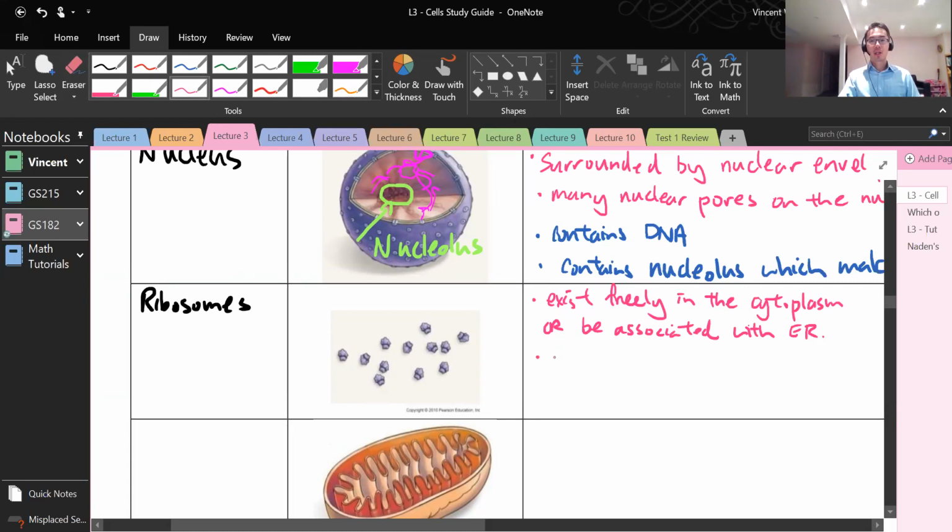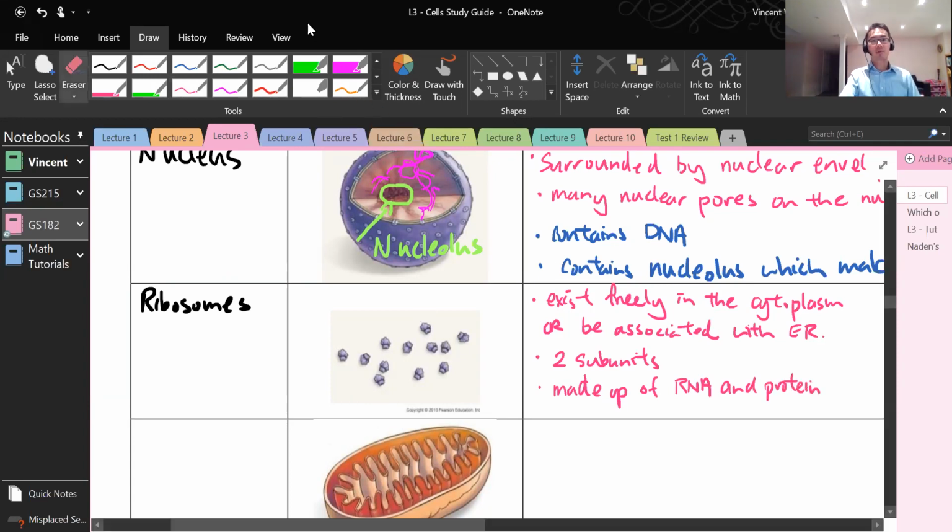It actually has two subunits, the large subunit and the small subunit, and it's made up of RNA and protein.